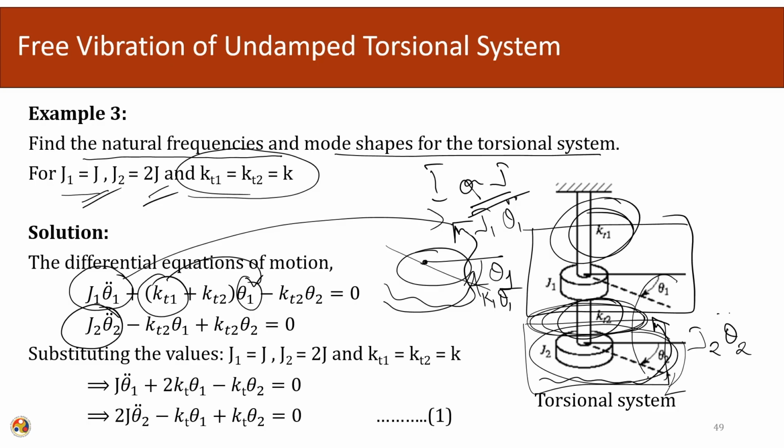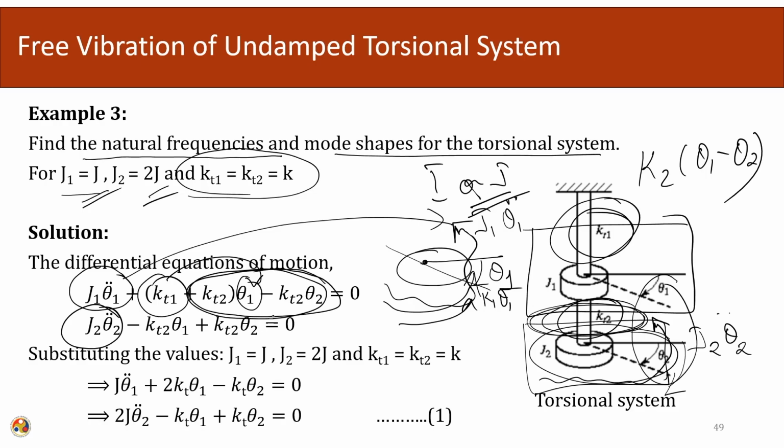The total motion will be theta 1 minus theta 2, so K2 theta 1 minus theta 2. This component opposes the motion, and similarly for the other part the opposite thing will be there, so it is the same thing, minus K theta 1 minus theta 2.